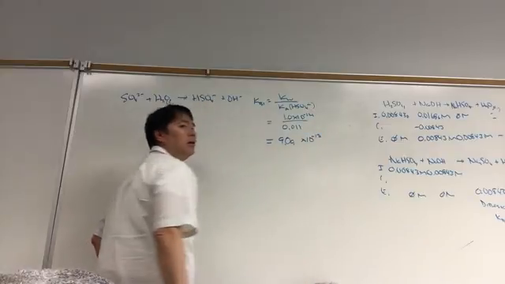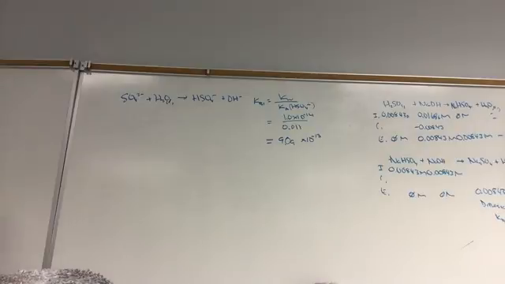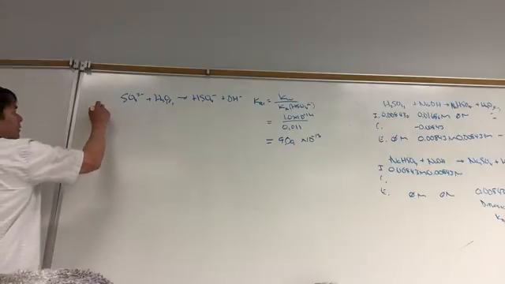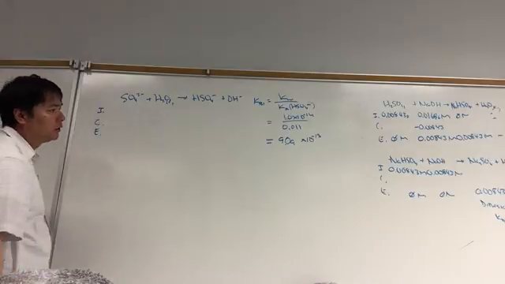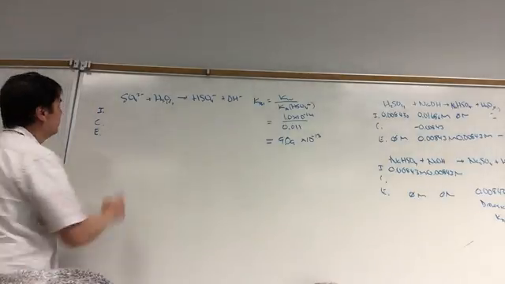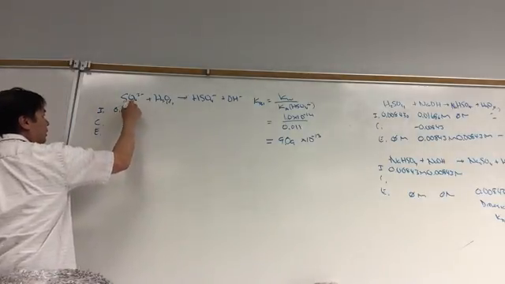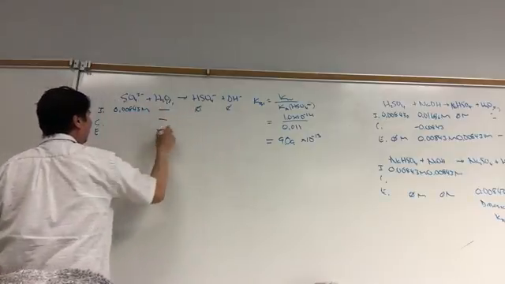Wow, that's very small, huh? In other words, it's a very weak base. It's still bigger than water. So sulfate is going to be 0.00843. This is going to be 0, this is 0, water's out.